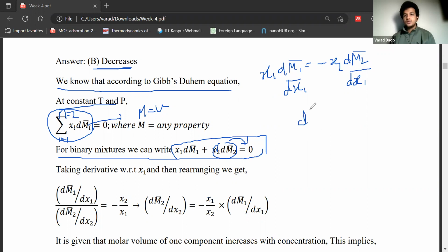That means dM1 bar by dx1, divided by dM2 bar by dx1, is equal to minus of x2 by x1.